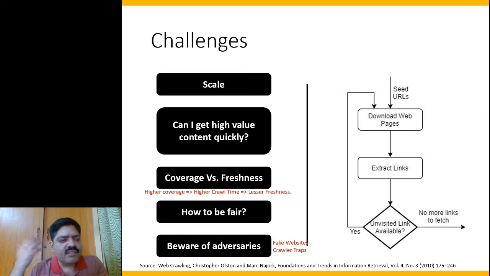And there is another very interesting thing called crawler traps, or spider traps. What are these? It's possible that once a crawler comes to my website, I never let the crawler get out of my website. How?